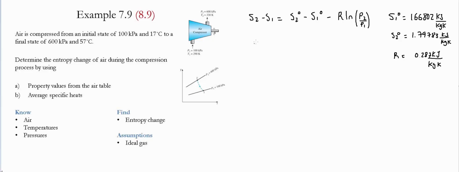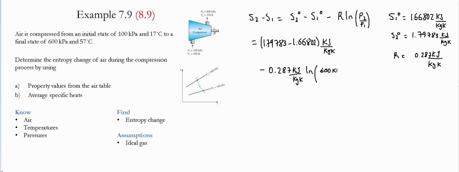We now substitute into this equation, and we found 1.79783 minus 1.66802. This is kilojoules per kilogram Kelvin, minus the constant, which is 0.287 kilojoules per kilogram Kelvin, natural log of the ratio of the pressures. The final pressure is equal to 600 kilopascal.